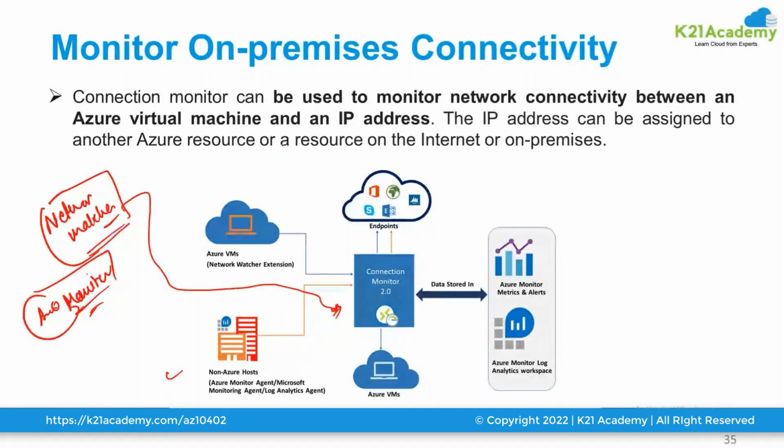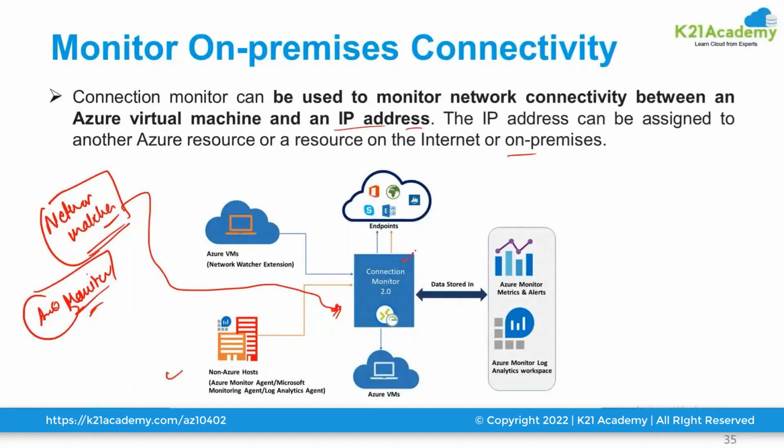It can be used to monitor network connectivity between an Azure virtual machine and an IP address. When we talk about the IP address, this can be private or public. A private address can be assigned to another Azure resource or a resource on the internet or on premises. So this particular IP address can be from anywhere. It can be on premises. If there is connectivity and you want to monitor, then you can update that IP address there.